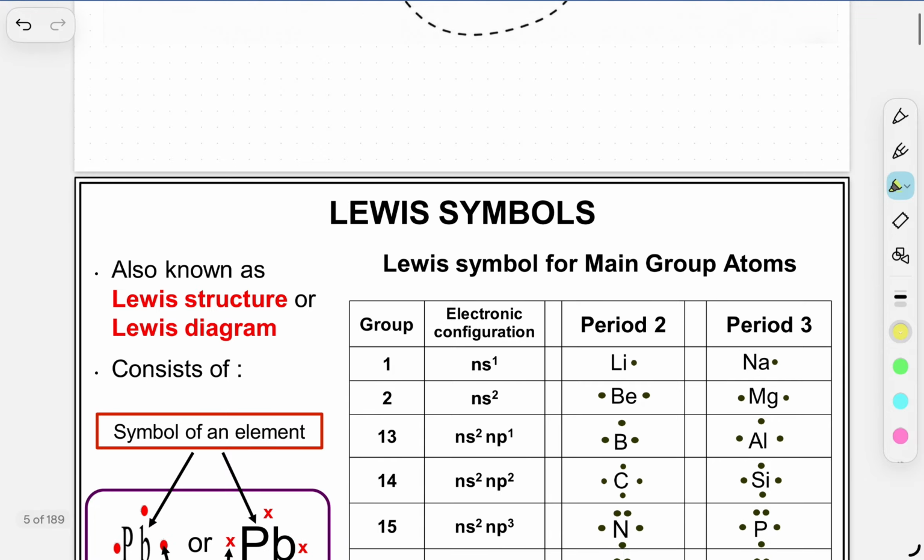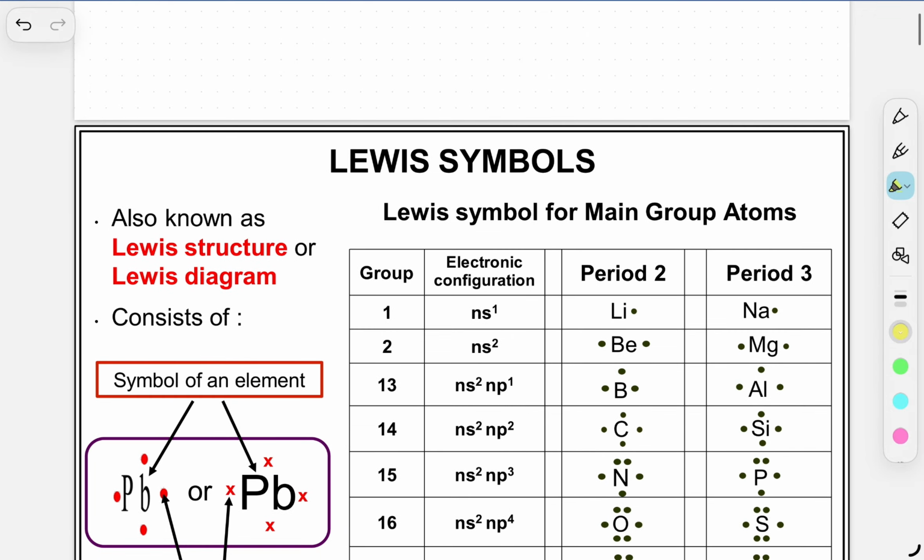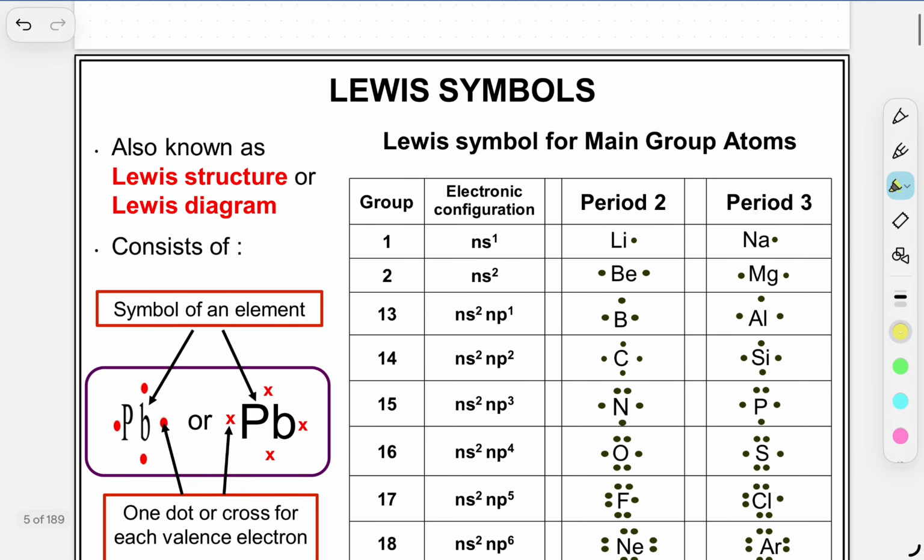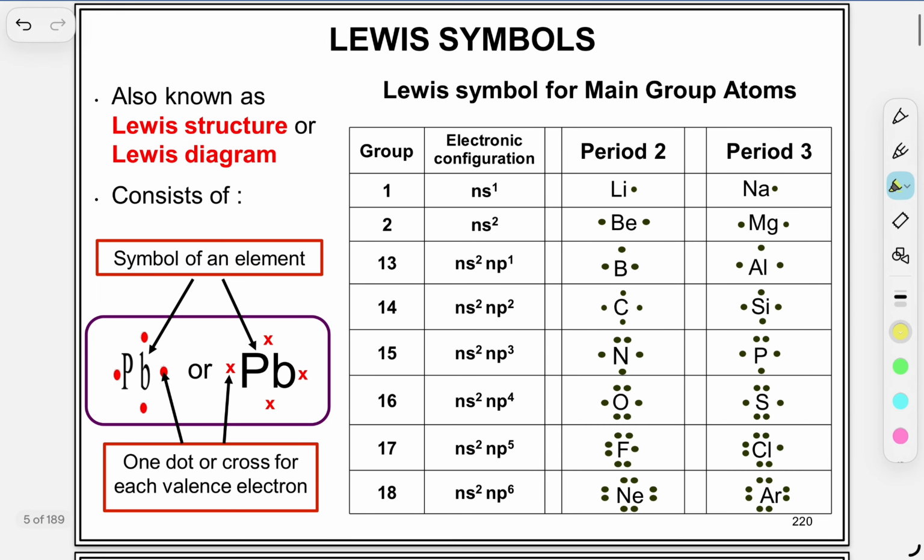to ways that we can draw electrons surrounding our element. Okay, we have drawn using shells in SPM. Now we want to make it better, so we use Lewis symbols. I would say make it easier.